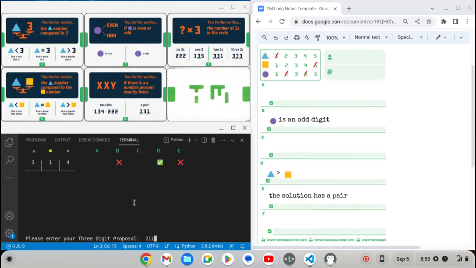Okay, so yeah, let's go with that. 2, 1, 1. And so this is what I mean, is that if I test criteria card A and it is less than 3, we know it's a 2, and then that forces square to be 1, and then circle would default to 1. That's a big ask, but let's try it. So let's test criteria card A. No. Okay. So triangle is not less than 3, so therefore it's not a 2.